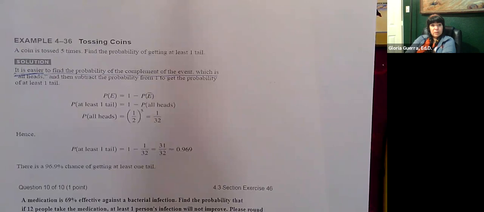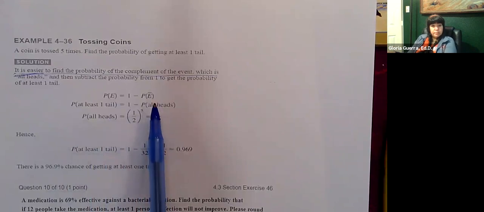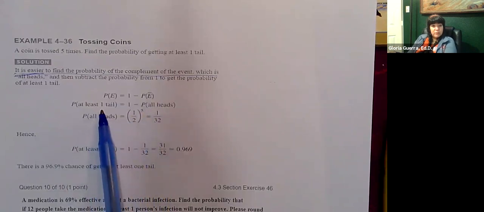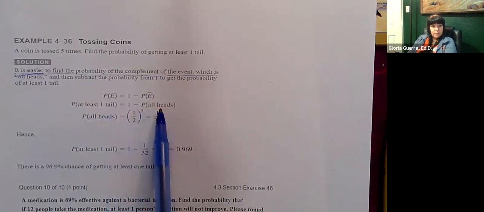And then subtract the probability from 1 to get the probability of at least one tail, is what they're suggesting. Okay, so these are definitions we're familiar with. Probability of E is 1 minus probability of E bar. Probability of at least one tail, they're saying that's 1 minus the probability of all heads.